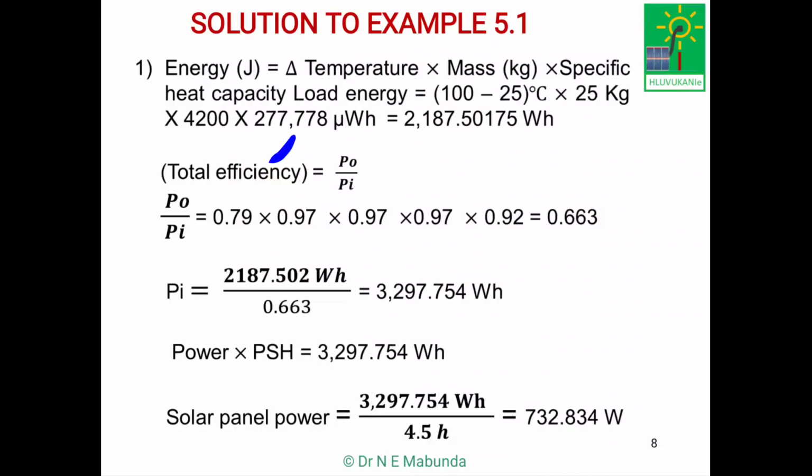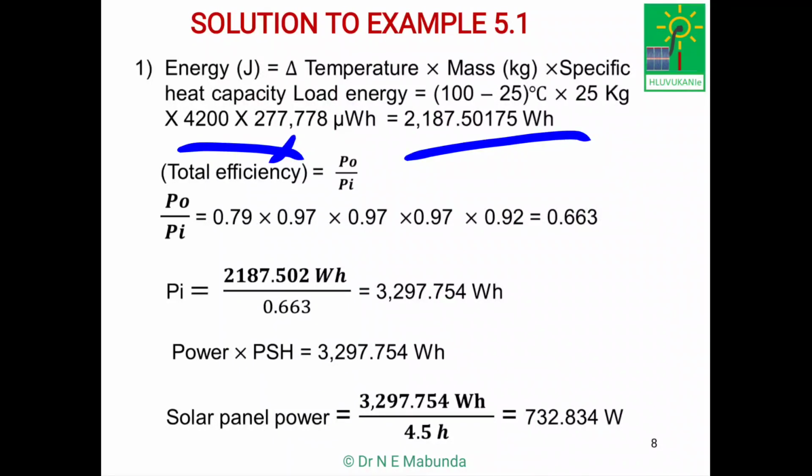Right, so it's not 1,000, it's a comma. So it's 277, comma. So you multiply that together, and your total energy in watt hours is 2,187. There was supposed to be a dot, watt hour.